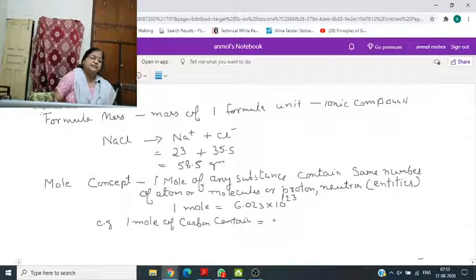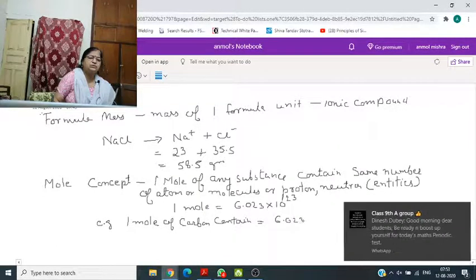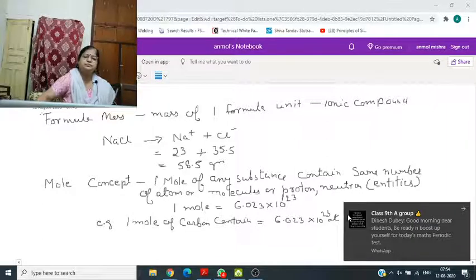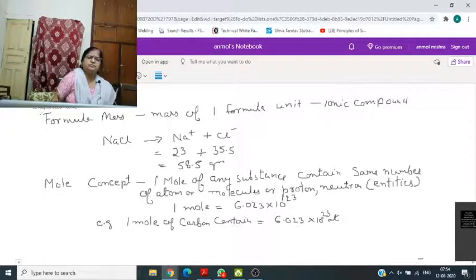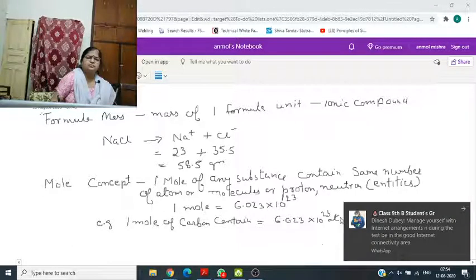If it is atoms, then 6.023 into 10 to the power 23 atoms, and if it is asked in grams, we will write 12 grams.